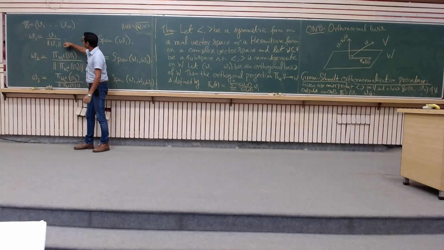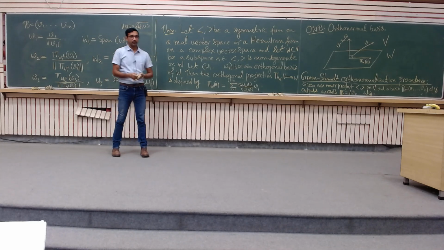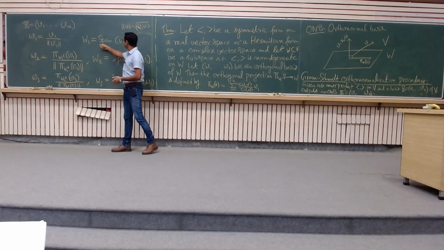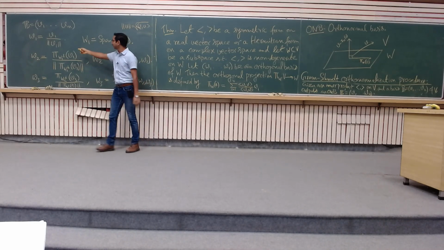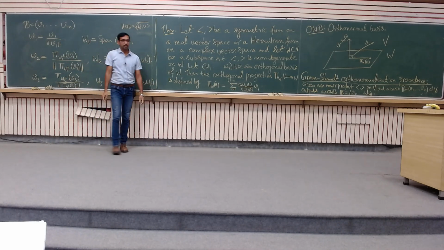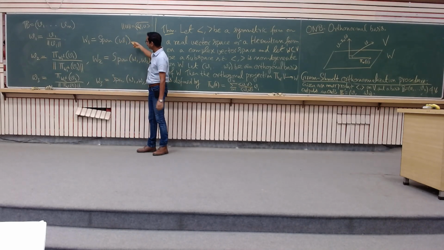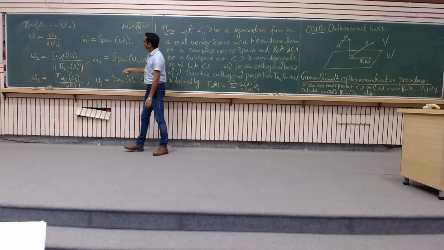Now, what you are doing here, you are dividing v1 with its length. So you are normalizing it. That means the length of w1 is just 1. And then you are taking the span of this. Of course, this span is equal to the span of v1 because it is nothing but a scalar adjustment. Normalization.